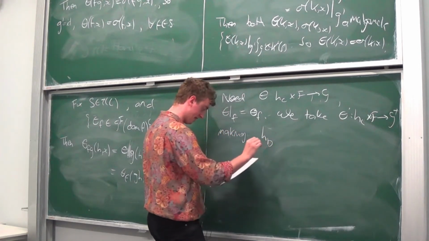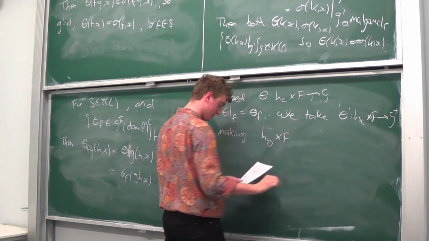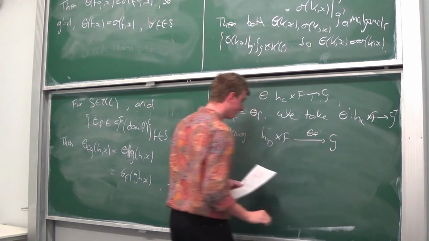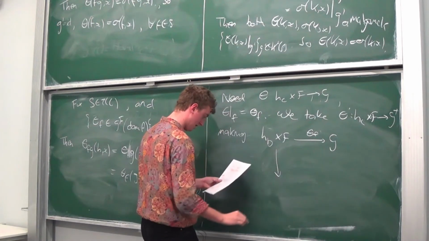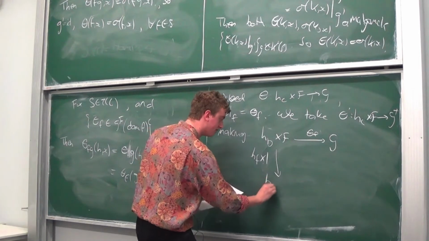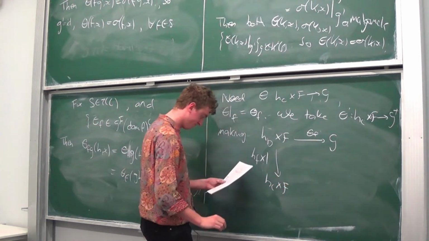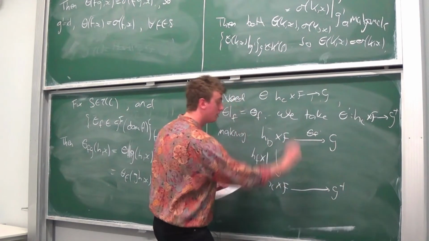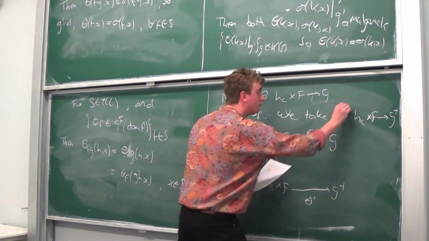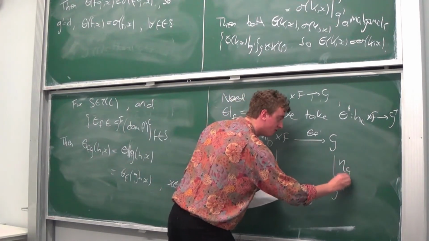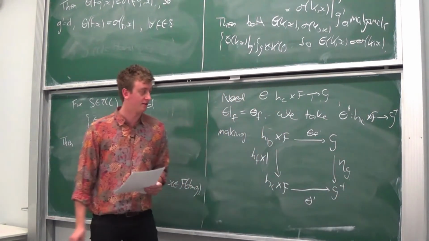Take the left-hand corner hd times f to g. Then we have an induced morphism hf times the identity going to hc times f. And then we have theta prime down the bottom. And finally over here we have eta g, which we defined last lecture.